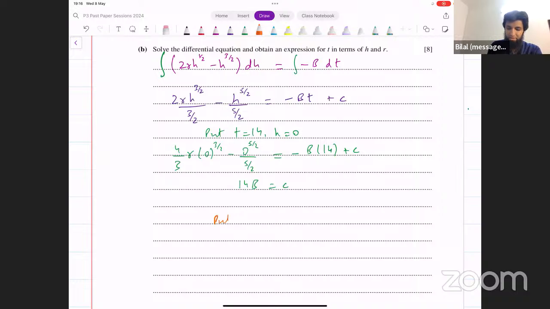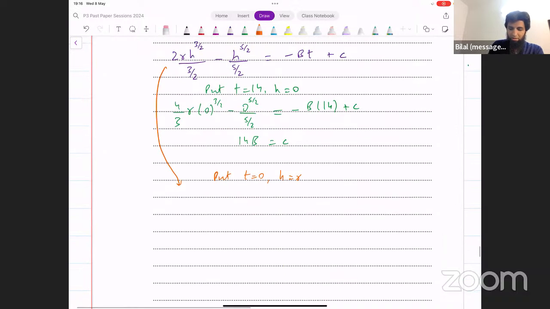Now you say, let's input t equals 0 and h equal to r in this equation. What does that give us now? 4 over 3. Again, this 2 goes to the numerator. It becomes 4 over 3 into r raised to the power 3 over 2 minus, I can take this 2 to the numerator as well, it becomes 2 over 5, h raised to the power 5 over 2.